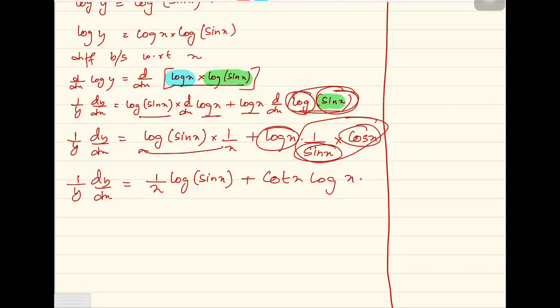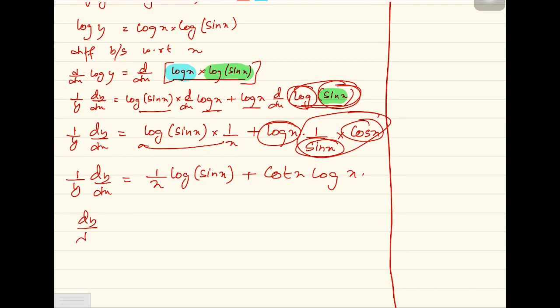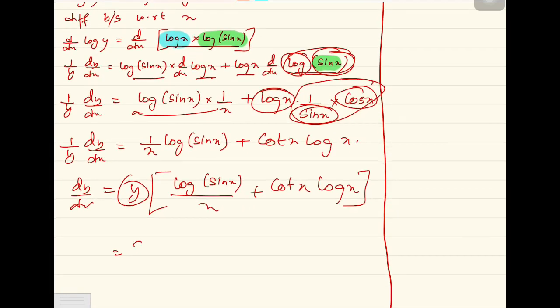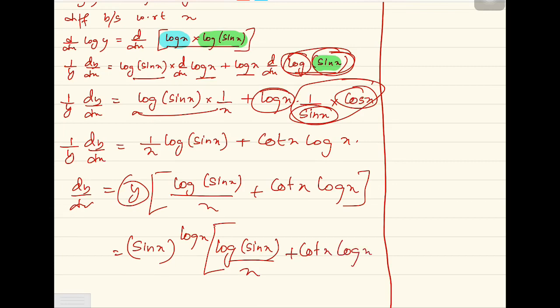So finally the answer, dy by dx equals y times (log sine x by x plus cot x log x). And what is y? Everyone knows it. y means sine x to the power log x. So sine x to the power log x, and whatever you have in the bracket, that's log sine x by x plus cot x log x. The answer looks quite complicated, but that's the simplest form.